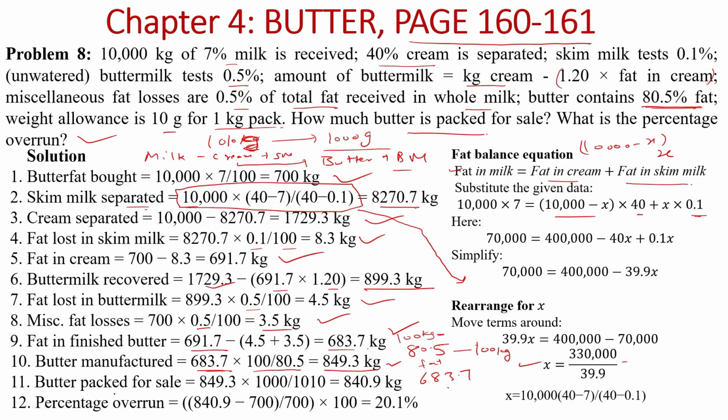Now how do we calculate butter packed for sale? As I have told you, if we have 1010 kg of butter, then actually 1000 kg is packed because of the handling losses. So if we have 849.3 kg of bulk butter, then how much will be packed?